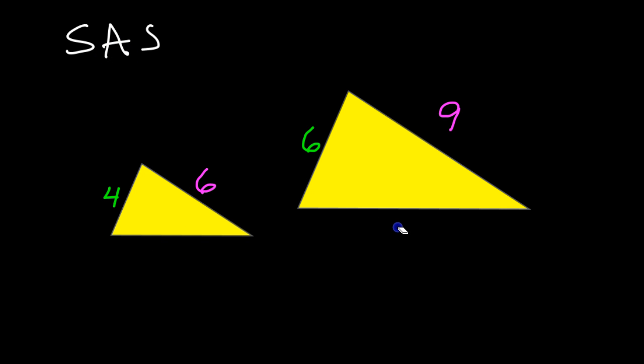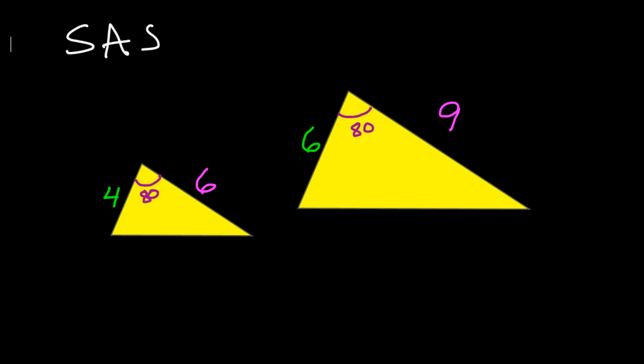So for example, here I'm showing 2 pairs of corresponding sides, and here would be the included angle, the angle between them. Let's say that this is 80 degrees and this is also 80 degrees. This would be enough information for us to say that the triangles are similar.